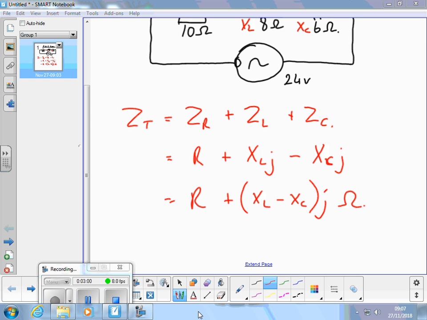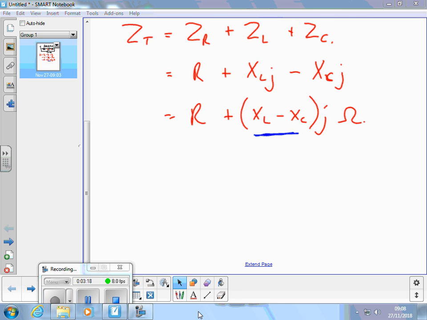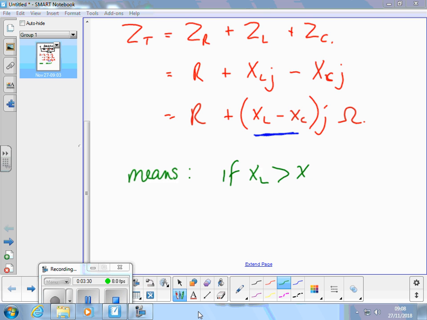So the imaginary part, the vertical part, is the difference between the inductive reactance and the capacitive reactance. What that means is if XL is greater than XC, the circuit is inductive overall.